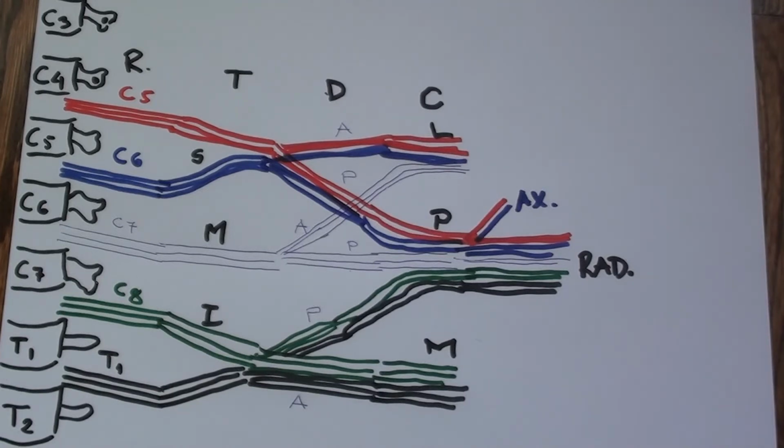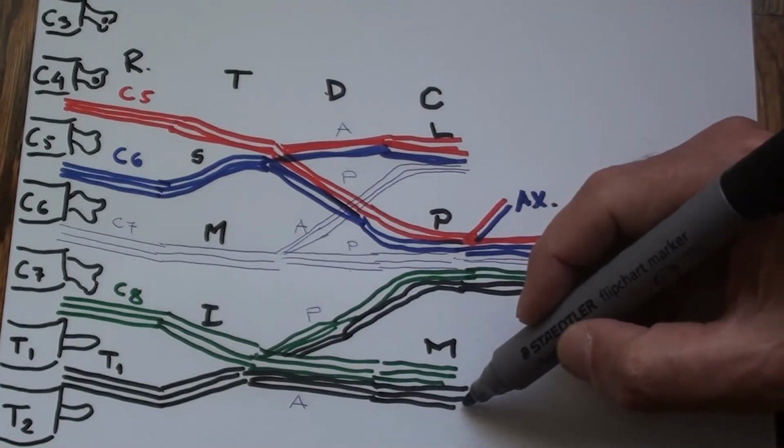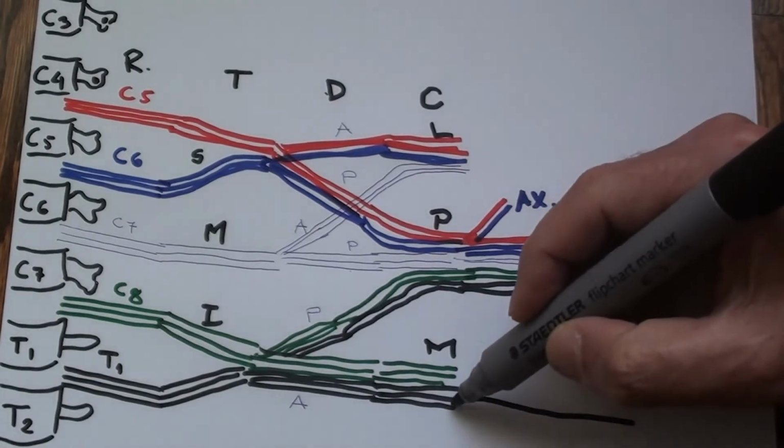So, let's make things even simpler. What's going to happen on the basis of the lateral cord and medial cord? Let's do the medial cord first, and let's carry some of the black colored fibers.